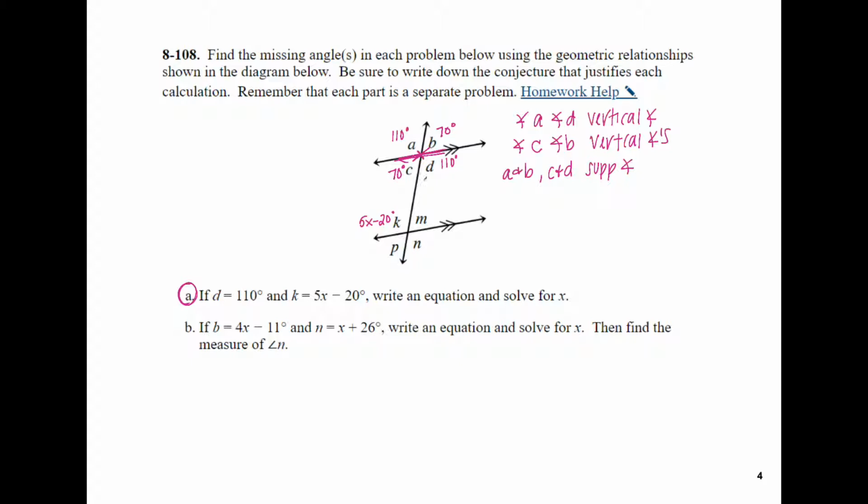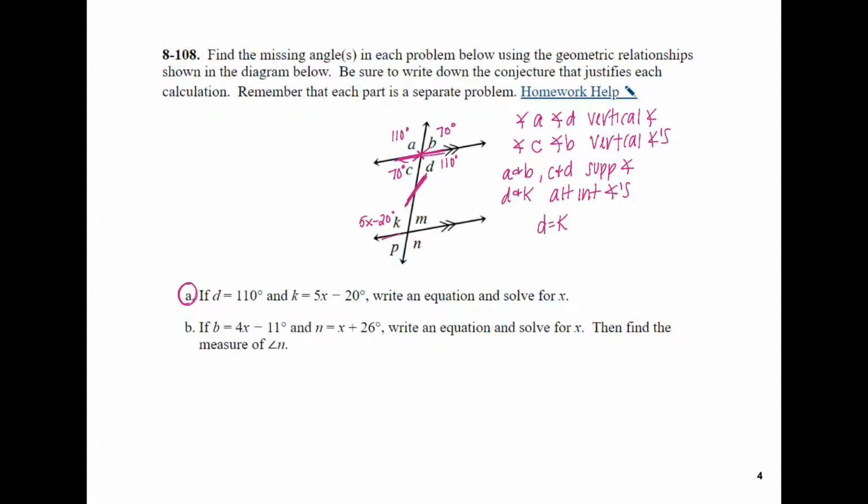So D and K are alternate interior angles of two parallel lines. So we can set D equal to K.